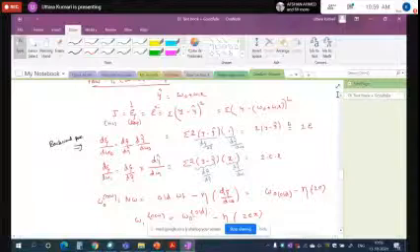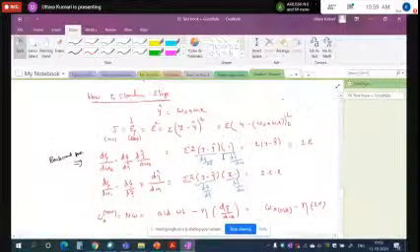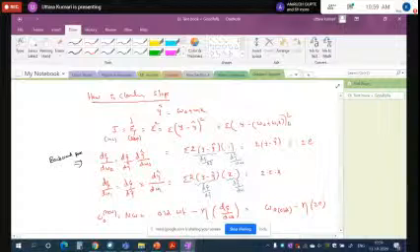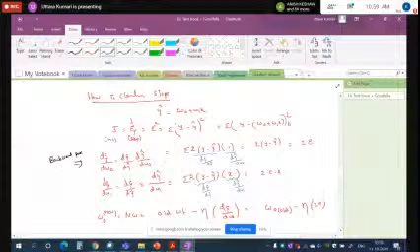Then I came to know that here I missed one minus. So when you do this particular one, a minus comes into the picture.